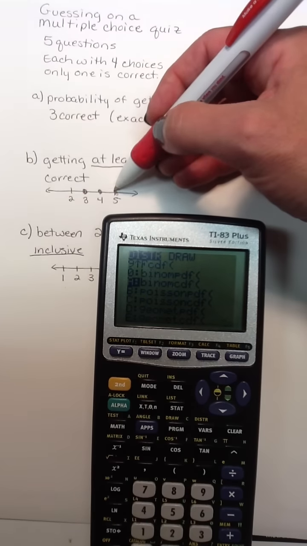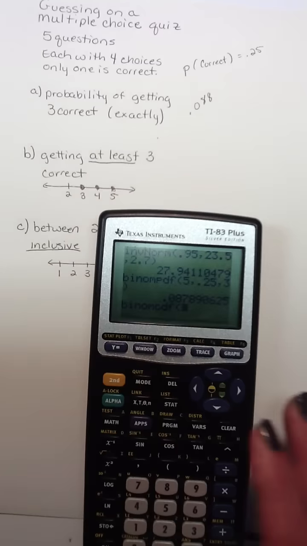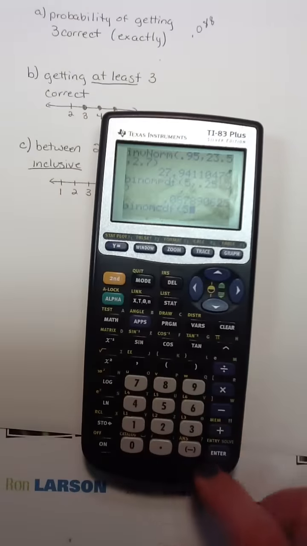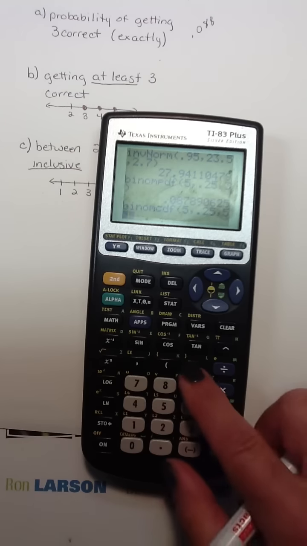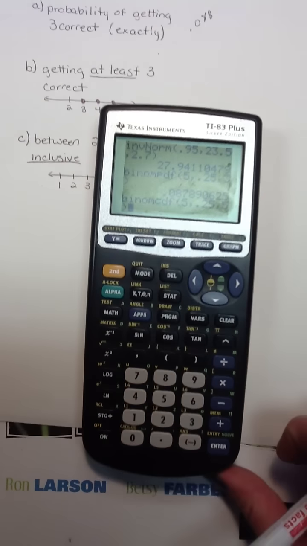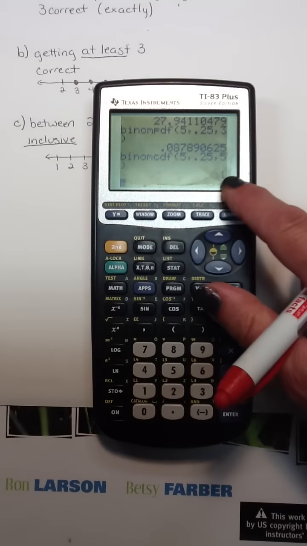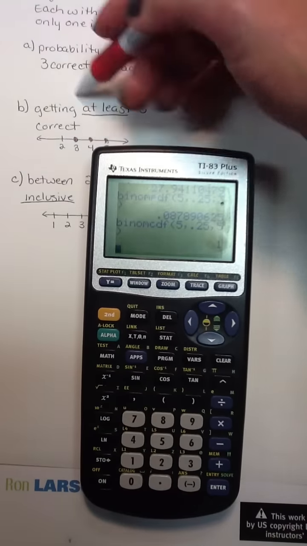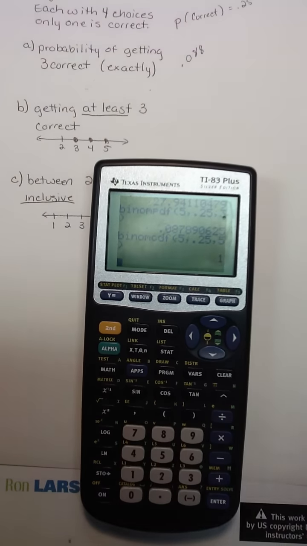Well, if you want to put in the cumulative for 5 and below, I'm going to put that in right now. If I accumulate, I'm going to use my same n, 5 questions, comma 0.25, comma 5, and you probably know this answer even before I get there. Notice that the probability is 1. If I add up every possibility for 5 and below, that is going to be a probability of 1.